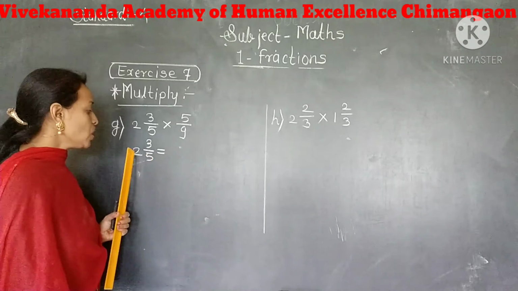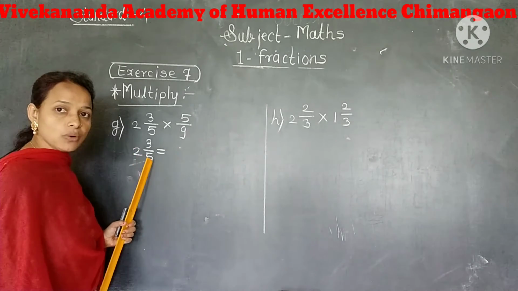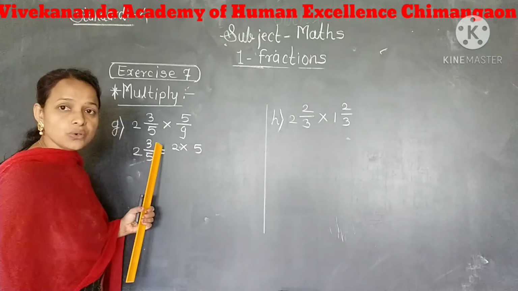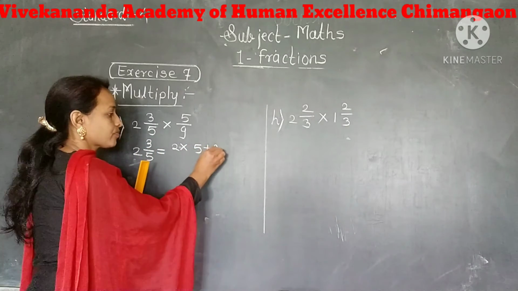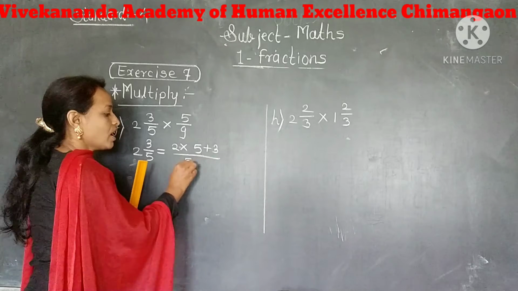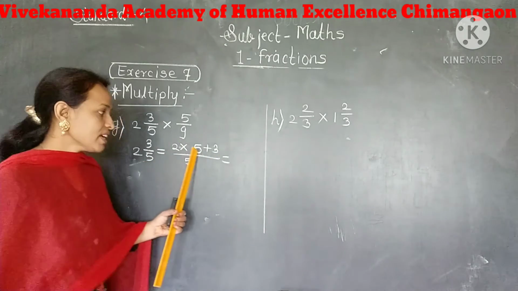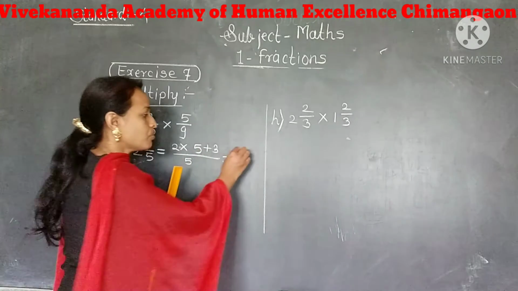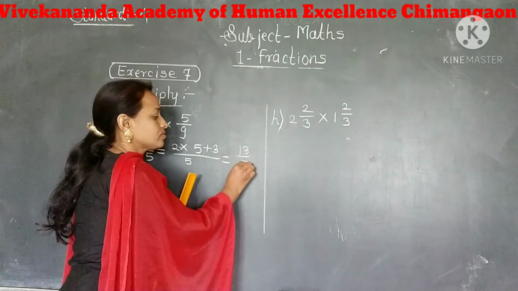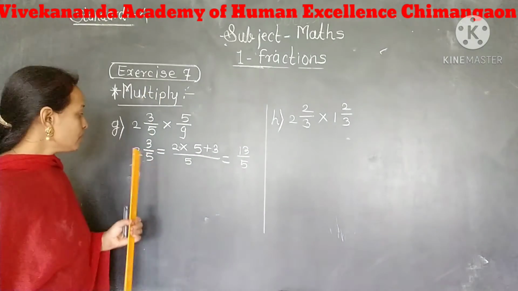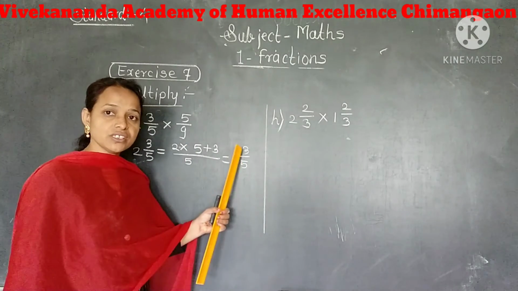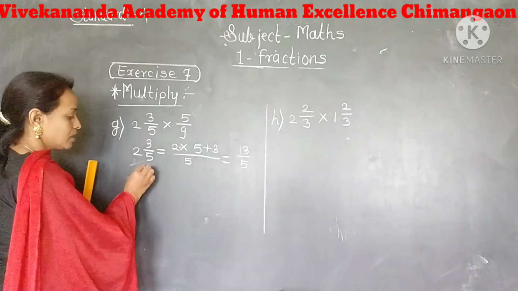So we multiply the whole number 2 with the denominator 5 and add the numerator 3 upon 5. 2 5s are 10. 10 plus 3 is 13. 13 upon 5. See here we converted the mixed fraction 2 3/5 into the improper fraction 13/5.